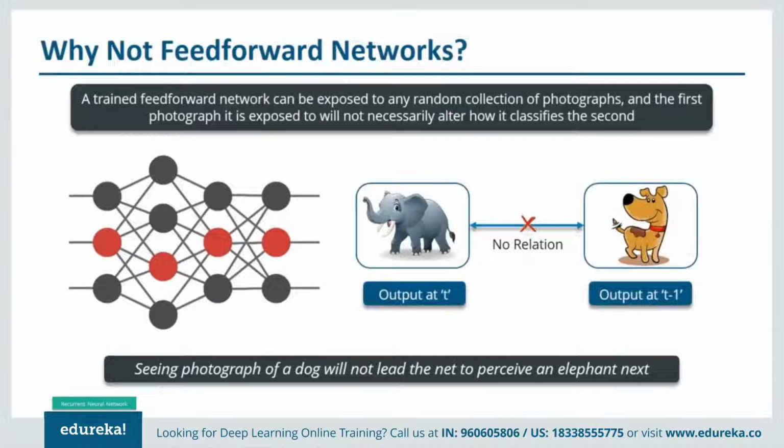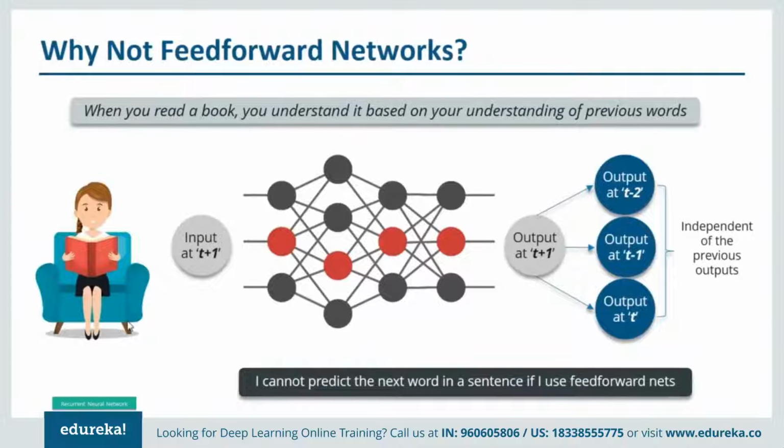Now there are a few scenarios where we actually need the previous output to get the new output. Let us discuss one such scenario. What happens when you read a book? You understand that book only on the basis of your understanding of the previous words. So if I use a feed-forward network and try to predict the next word in a sentence, I can't do that. Why? Because my output will actually depend on the previous outputs. But in a feed-forward network, my new output is independent of the previous outputs.